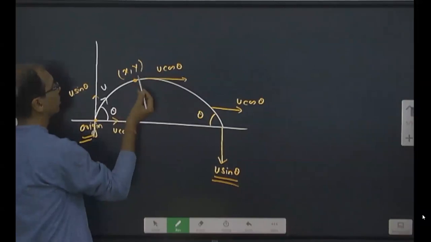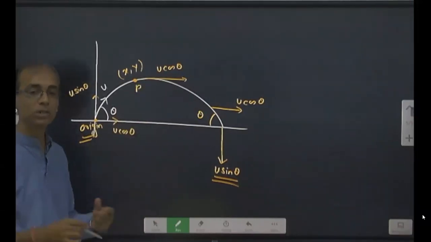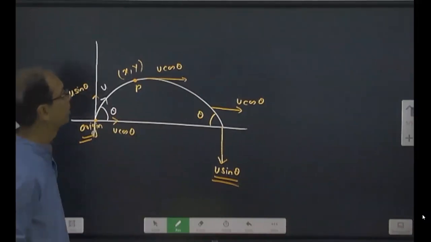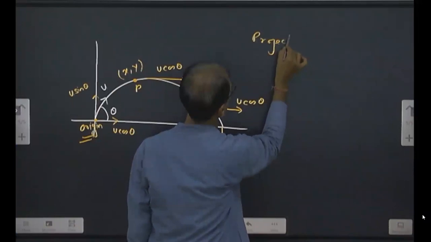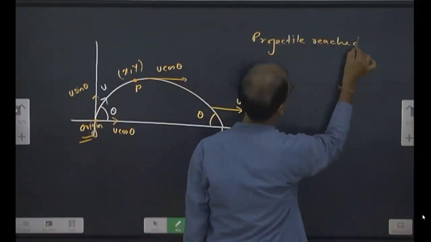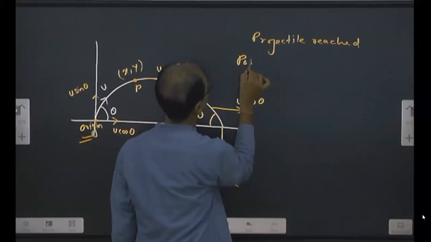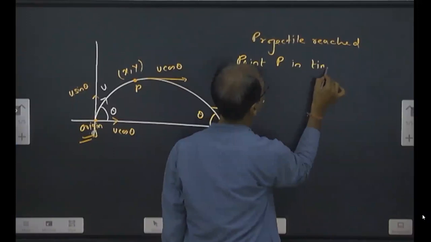And let's say this point is P. At this point P, the particle reached in time t. Projectile reached point P in time t seconds.